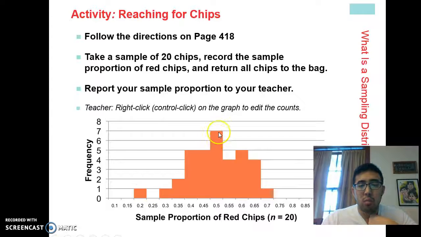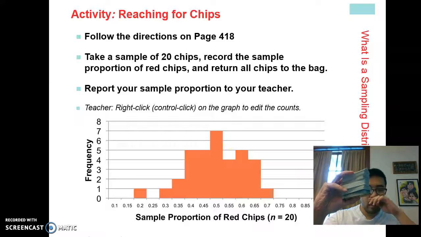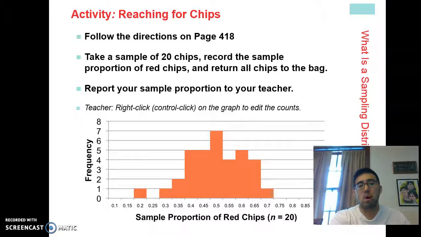And there were 7 people in the class that got samples that were 50% red and 50% black. And here, there were 4 people in the class that got 65% red and 35% black. Now, this is under the assumption that it's half red, half blue. They're using blue here, but since I'm using cards, it would be black.